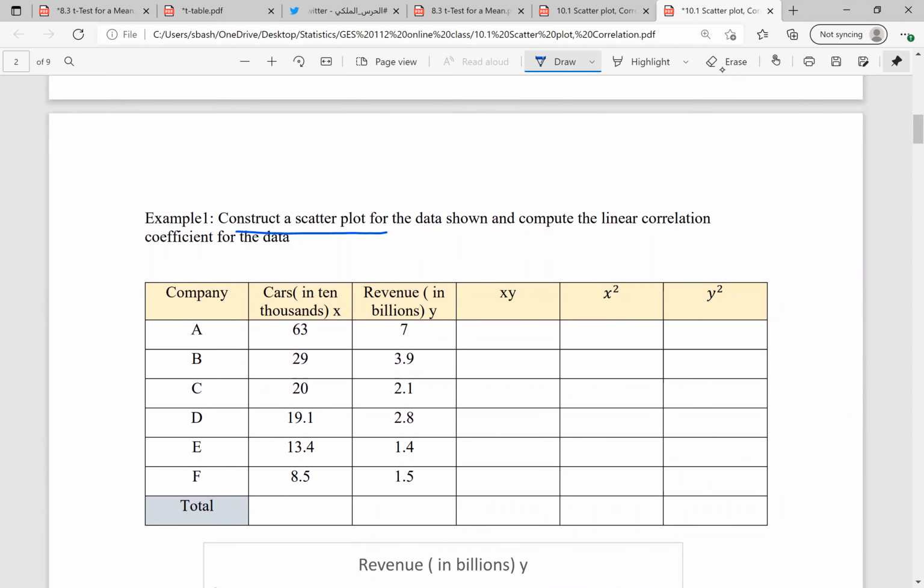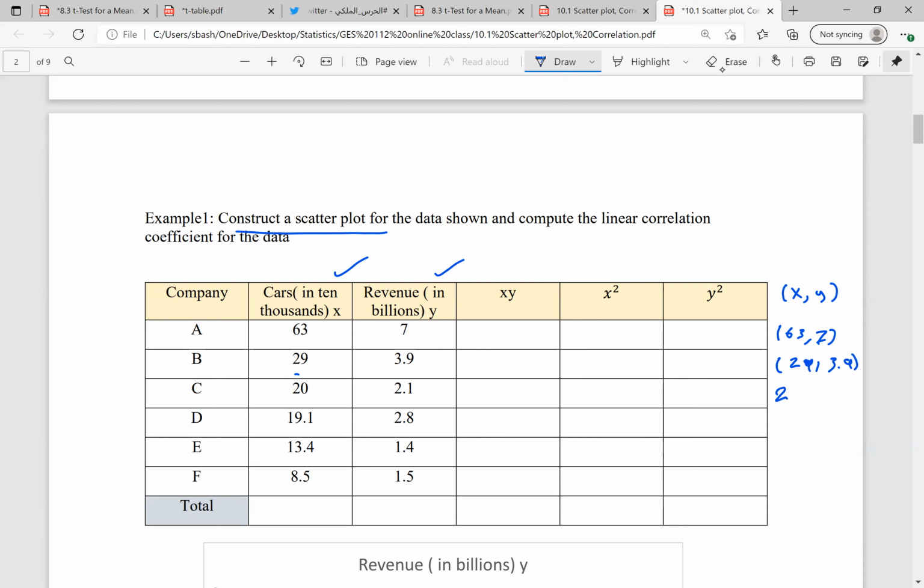Construct the scatter plot. I have x and I have y. The first one is 63 and 7. Second one, this is x, this is y, 29 and 3.9.